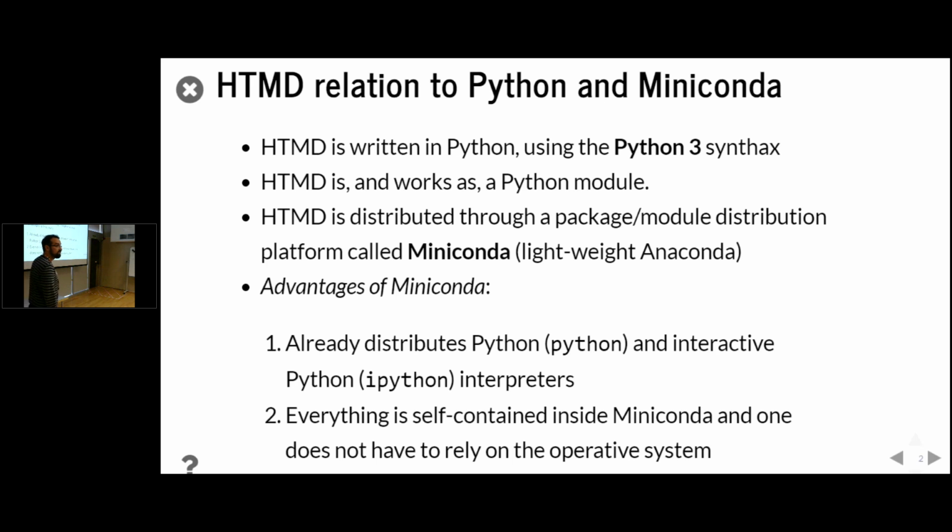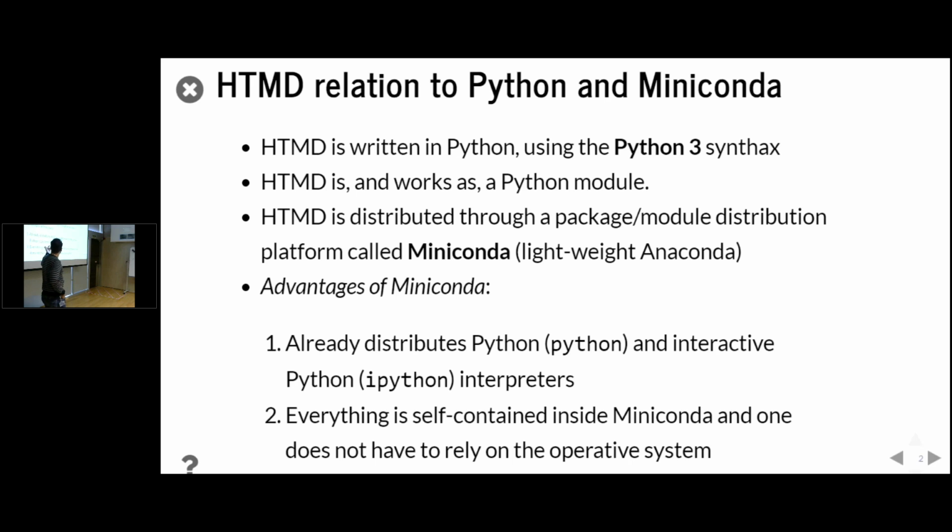You can even do it yourself. You can create your own account, put your own packages and create your own channel for distributing your own software. So we have one channel for Acellera, and we distribute our software through there. This is just a more management kind of thing. It's not important for you. It's something that you need to use if you're using HTML, because if you want to install HTML, you use Conda. Okay?